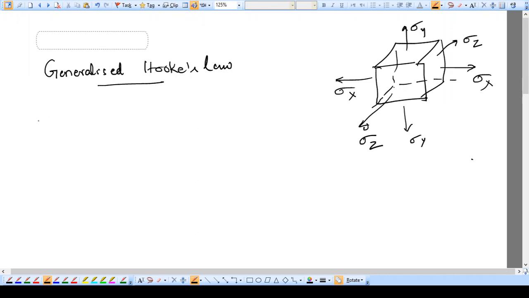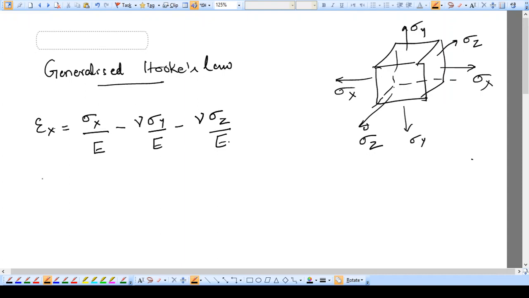So in this, the strain in x direction is given by sigma x by E minus Poisson's ratio into sigma y by E minus Poisson's ratio sigma z by E.